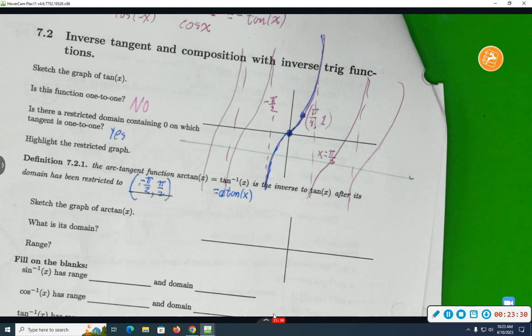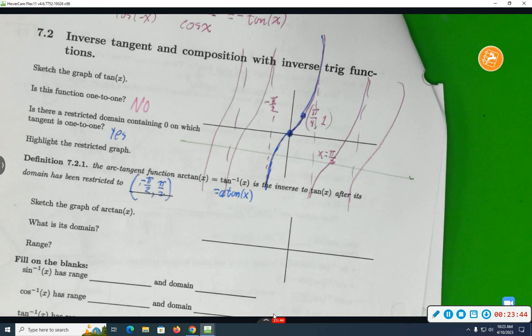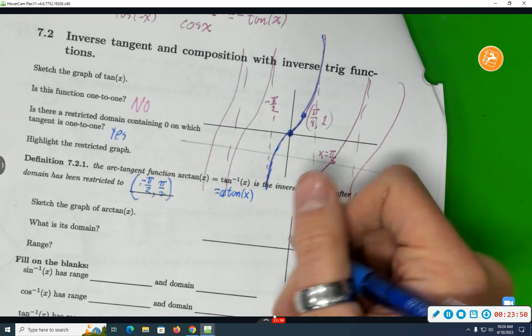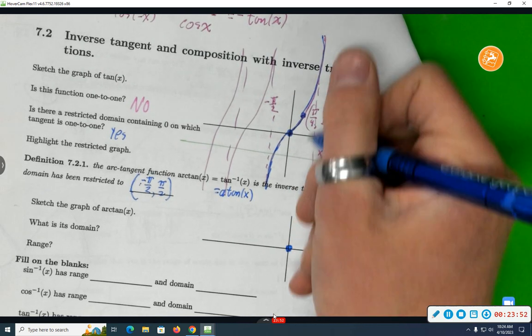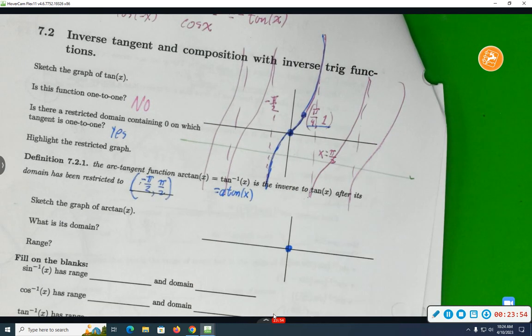All right, so I'm going to take that blue piece of tangent and invert it. If you know what the graph of a function looks like, then how do you get the graph of the inverse function? Switch the x and y coordinates. I have some x and y coordinates highlighted there. There's this one at 0, 0. What happens to 0, 0 when you switch the x and y coordinates? Yeah, it's still 0, 0. What happens to pi over 4, 1 when you switch the x and y coordinates?